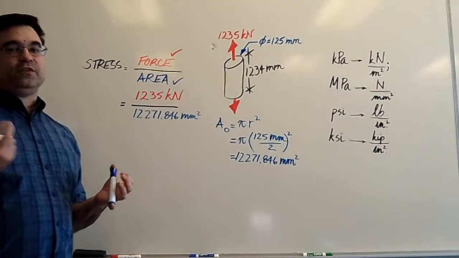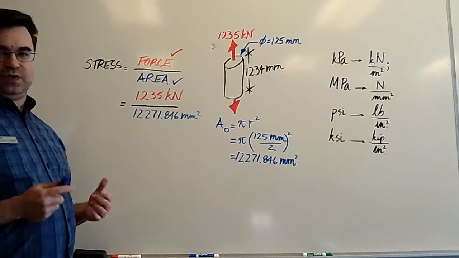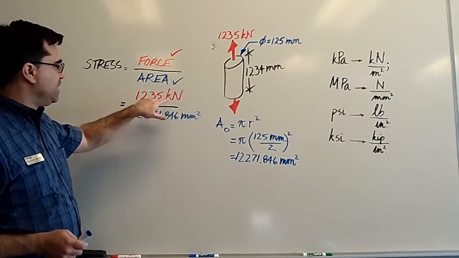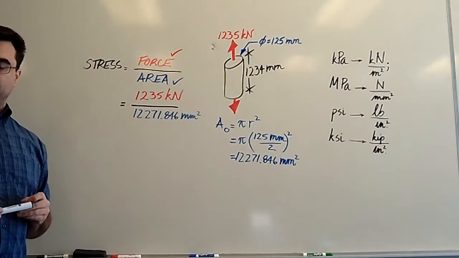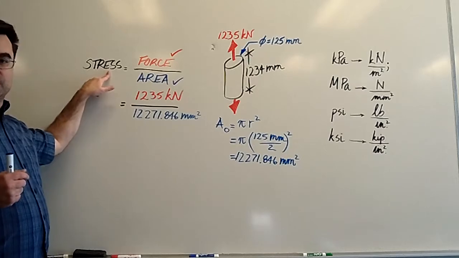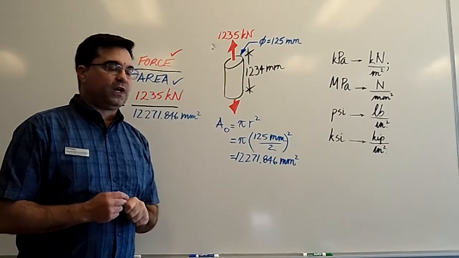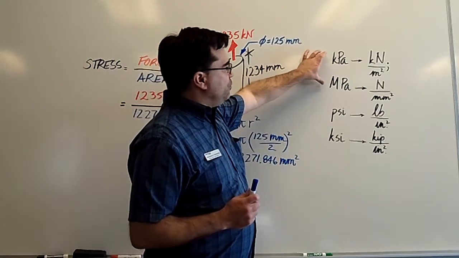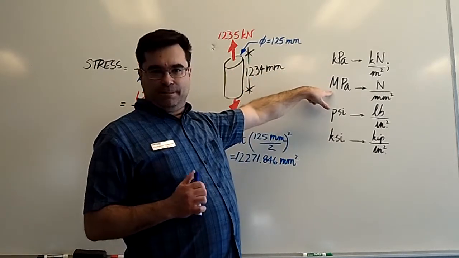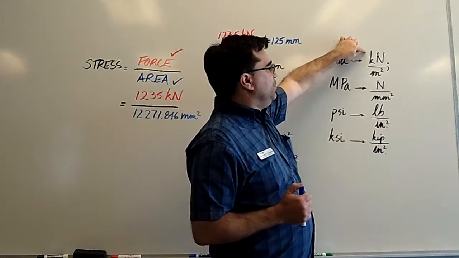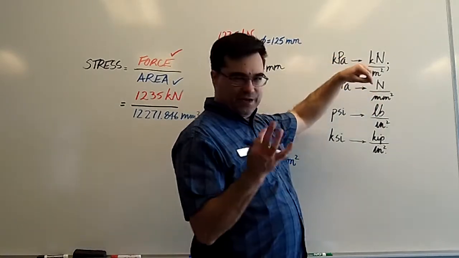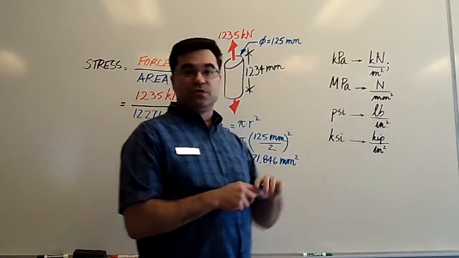Not quite yet. We have to make sure we're using the correct balance of units. If you calculated this out, you'd get an answer in kilonewtons per millimeter squared. And that'd be correct if you're given no parameters as to what units to use for stress. But if you remember from our lecture, the typical metric units that we use for stress are either kPa or MPa, where kPa is kilonewtons per meter squared, and MPa, a good conversion, is newtons per millimeter squared.